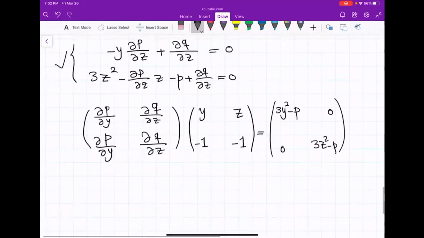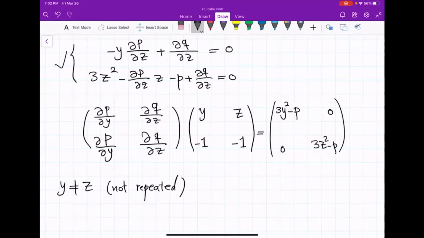Now, we know that y is not equal to z. It's not a repeated root, right? This is one of the points where you had 6 preimages. From that, we see that this matrix is invertible because its determinant is simply z minus y, and that's not 0. Okay, that's the proof.